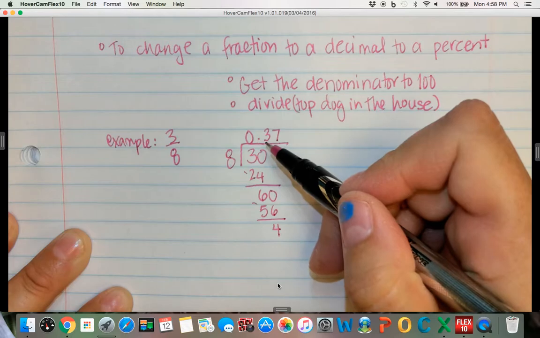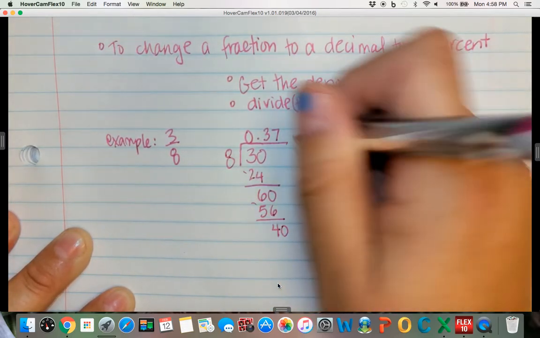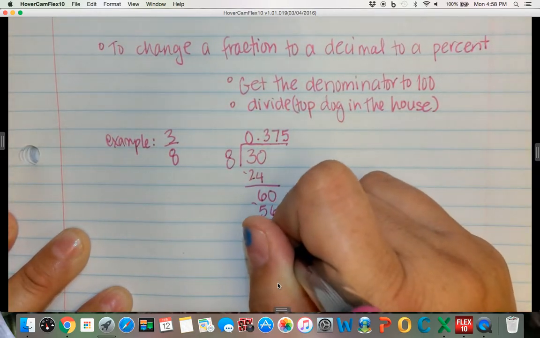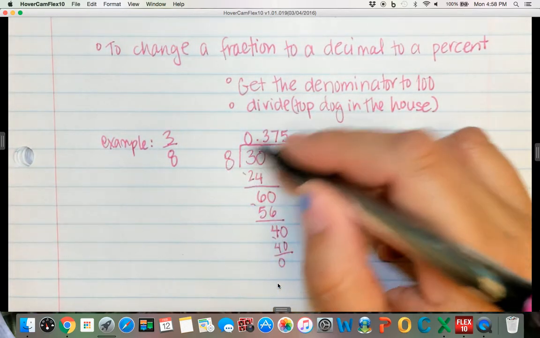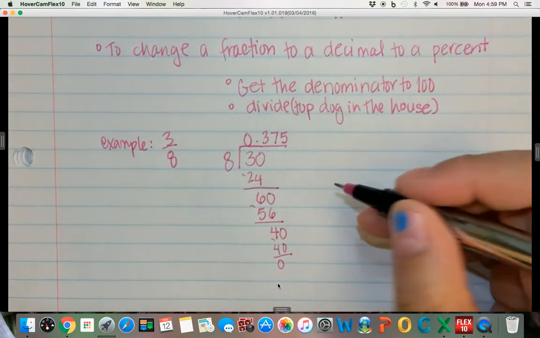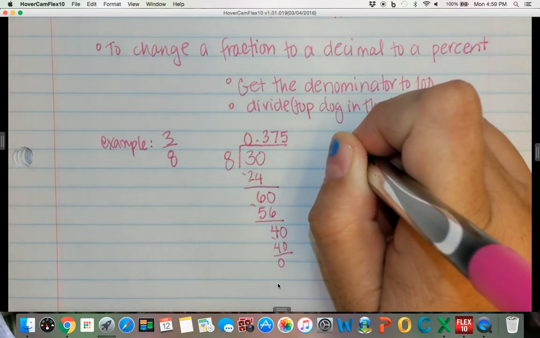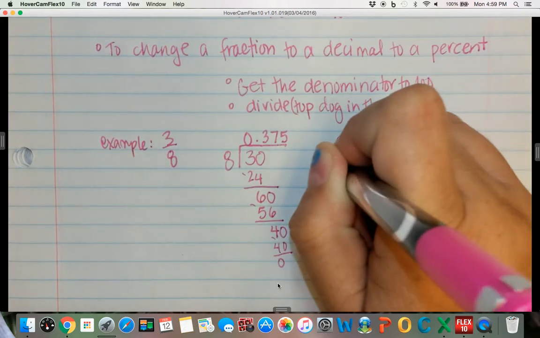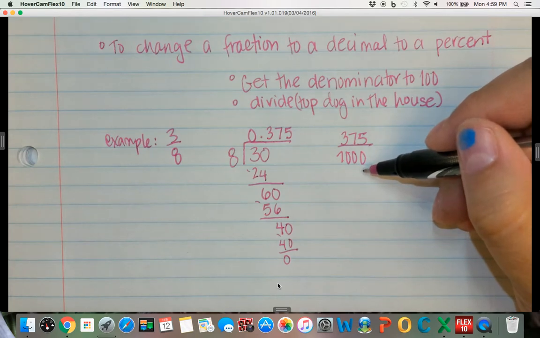I already have that decimal up there, so I can add a 0 to my remainder. 8 goes into 40 5 times, and there's nothing left over. So 3/8 as a decimal is 375 thousandths. So written as a larger fraction, it's 375 over 1,000.